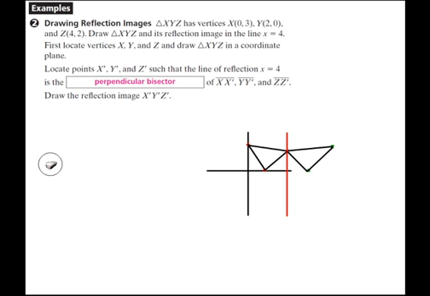So all of those points are going to be 4 more to the right. So the new image for X would be at 8,3. Z we said would stay put, so that's still going to be at 4,2. And Y was at 2. This is at 4, so this is going to be now 6,0.